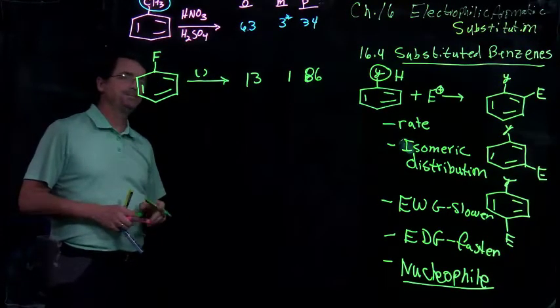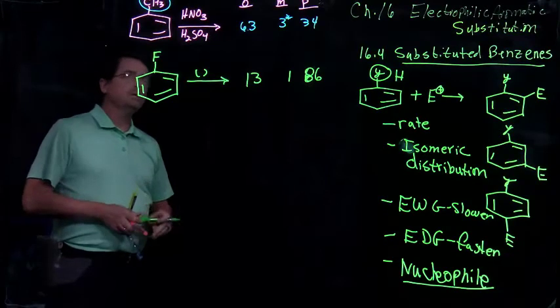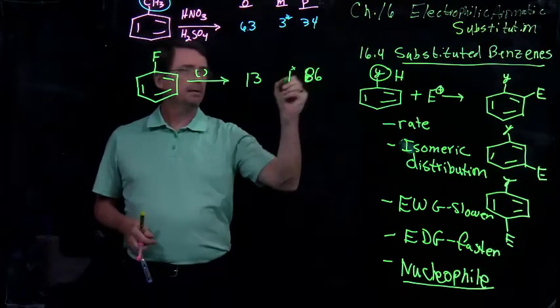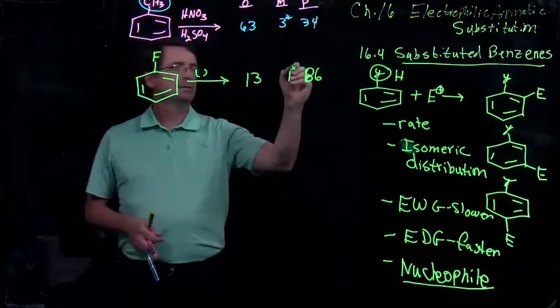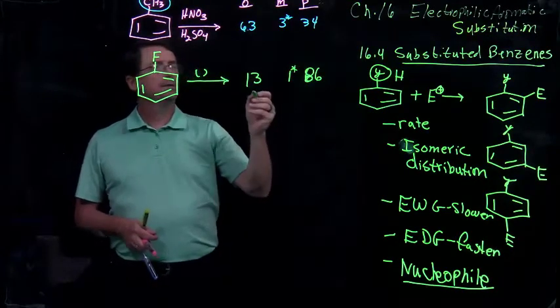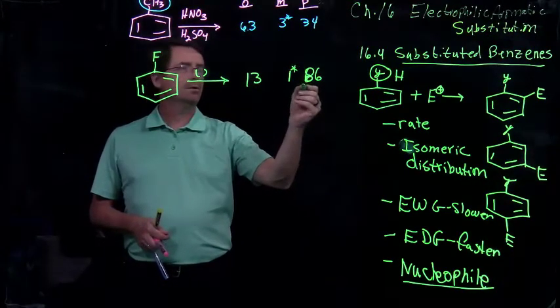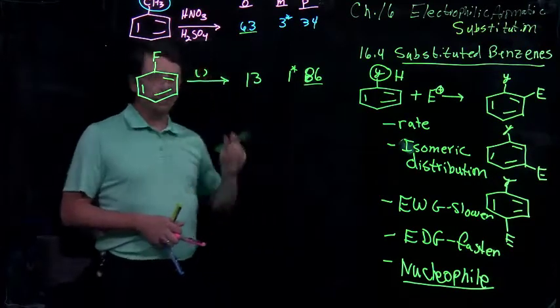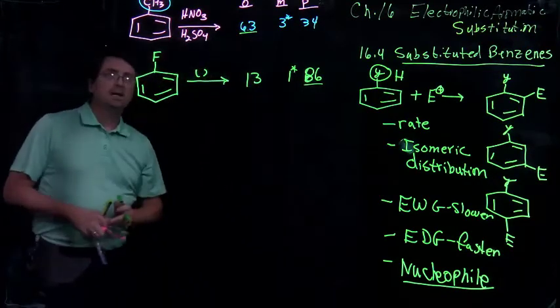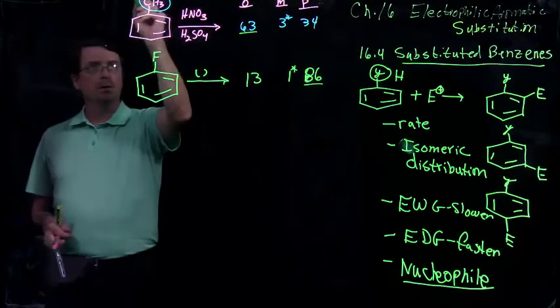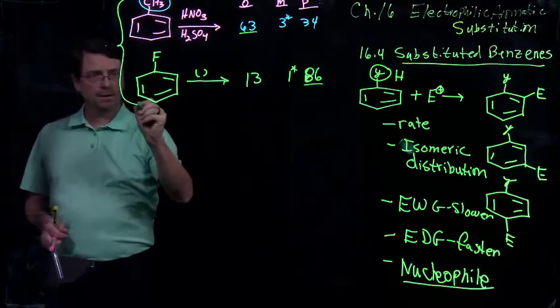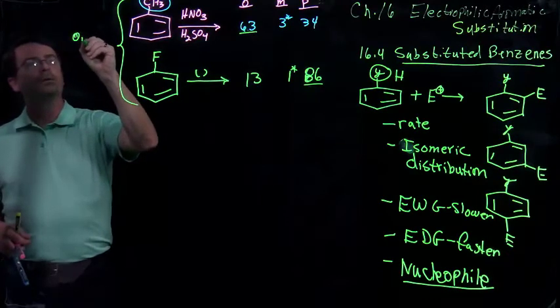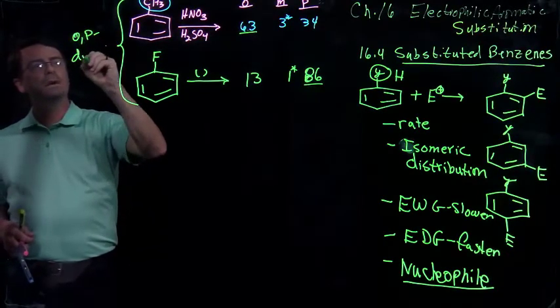Now, again we see there's very little meta and mostly ortho and para, although the major here is para, whereas the major was ortho before. Now, fluorine and methyl are illustrative of what we call ortho-para directors.